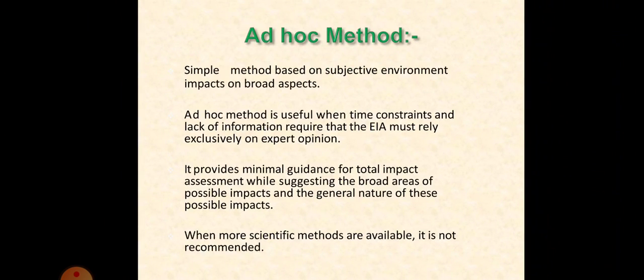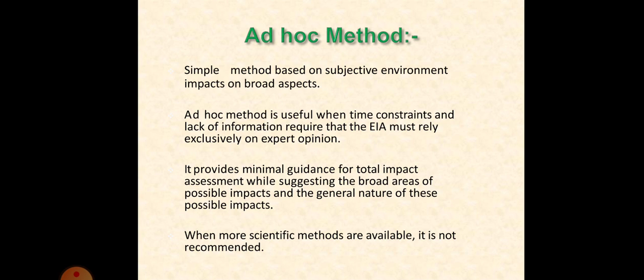The ad hoc method is actually one of the simplest methods of environmental impact assessment technique. The ad hoc method indicates the broad areas of the possible impacts by listing the composite environmental parameters. So for example, how it affects the flora and the fauna.